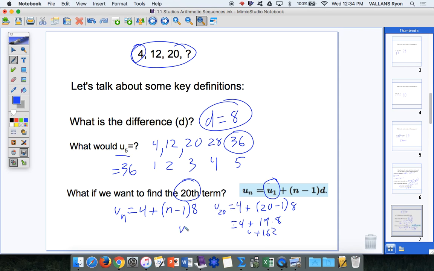So the value of the 20th term is 166. So that allows us to jump around a little bit more. Okay? So let's move on. And I believe it is actually 156. Sorry about that. 19 times 8 is 152, not 162.